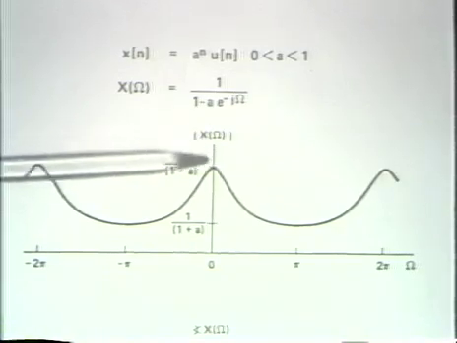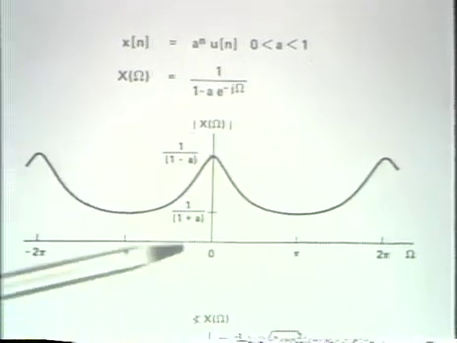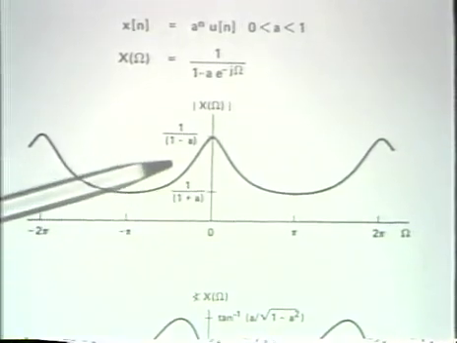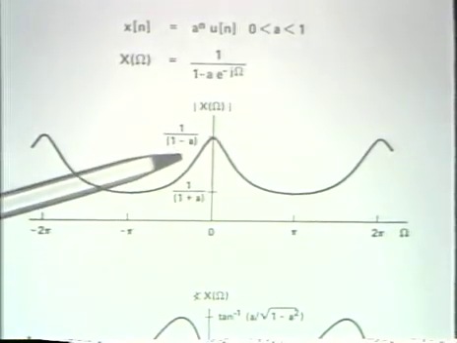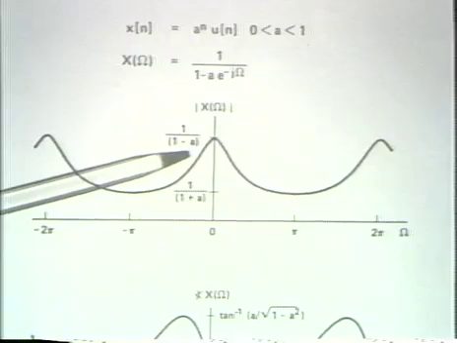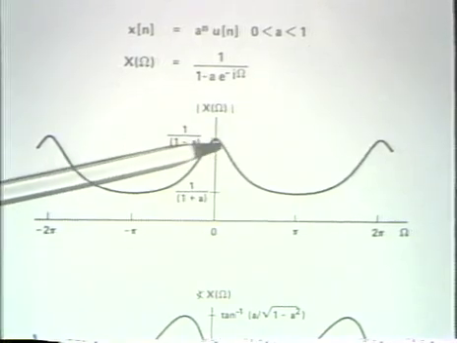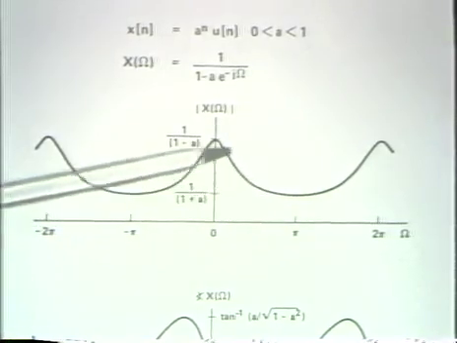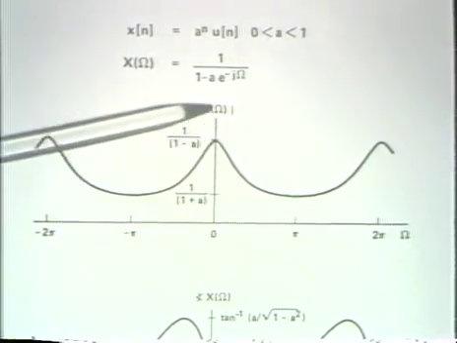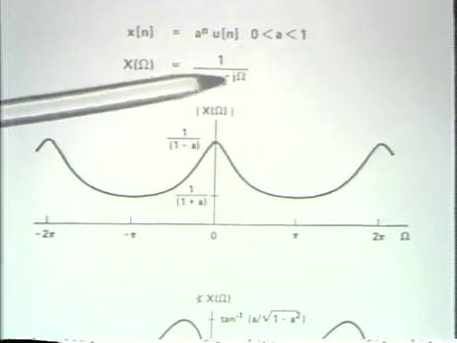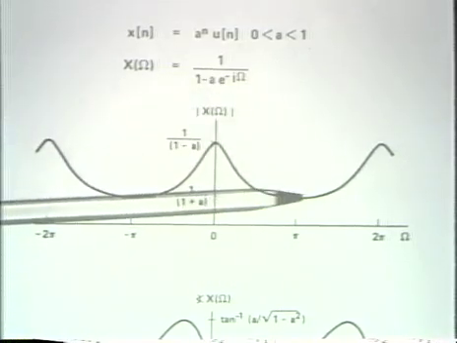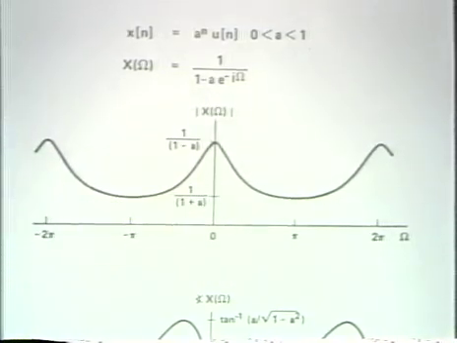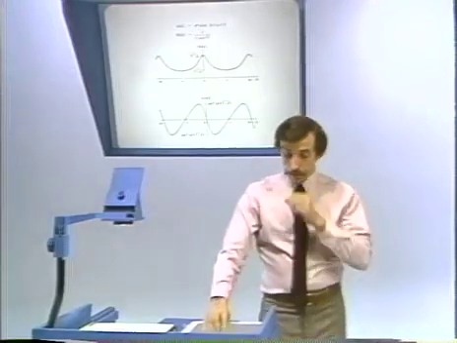Let me also draw your attention, while we're on it, to the fact that if a were in fact negative, then this value would be less than this value. And in fact, for a negative, the magnitude of the frequency response would look like this, except shifted in omega by an amount equal to pi.